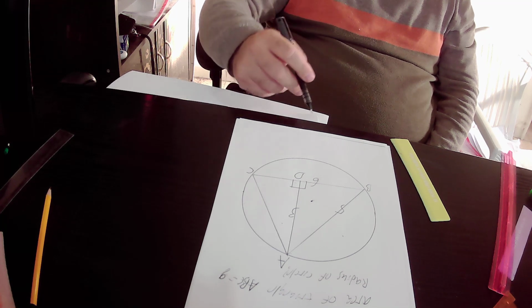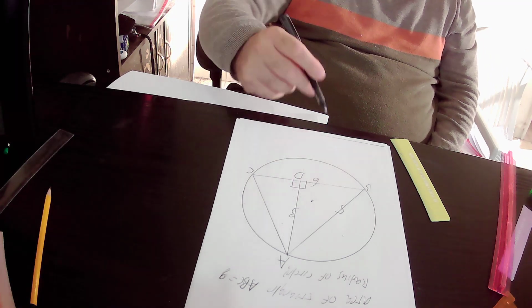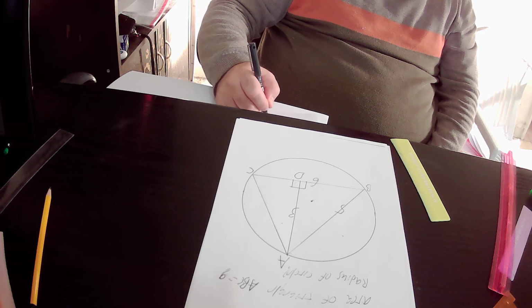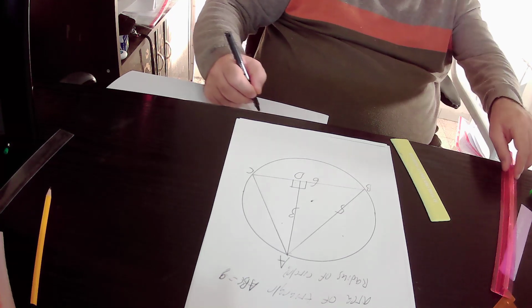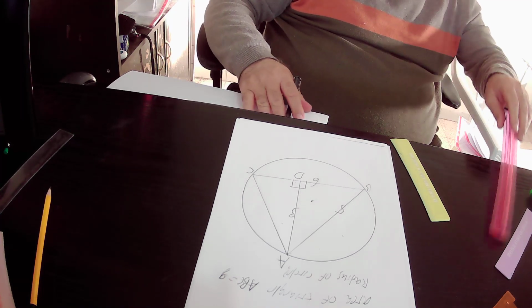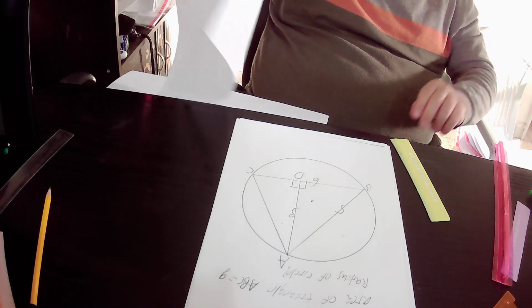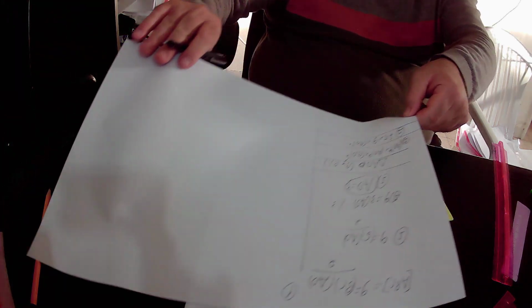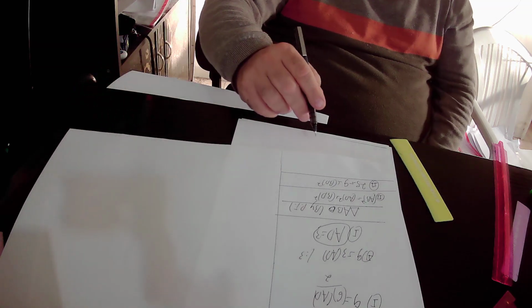That is equal to AD squared. AD is 3, so AD squared is 3 squared, that is 9, plus BD squared. So in conclusion, 25 equals 9 plus BD squared.